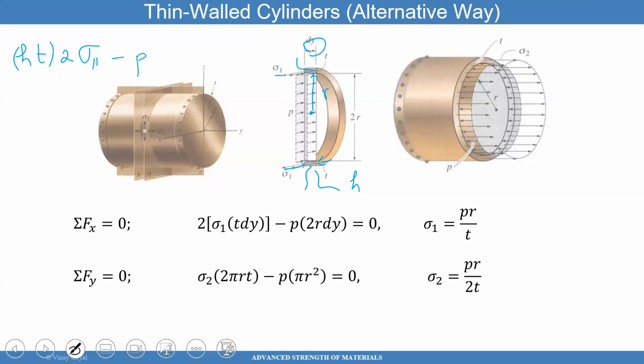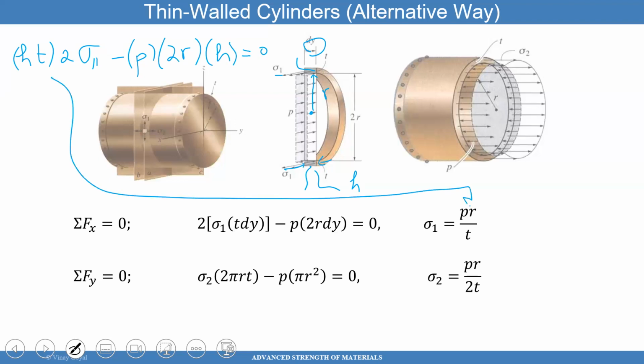It's a rectangle too. It's 2 times R, and the width of this thing is H. That has to be equal to 0. So when you solve for sigma 1, you actually get the very same equation I derived earlier. So the hoop stress can be derived in a very simple way, like I showed there.